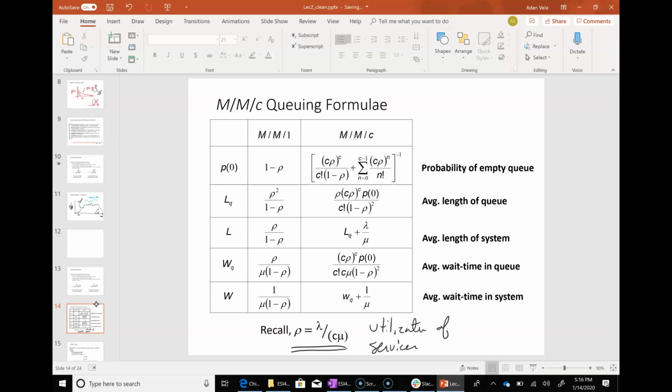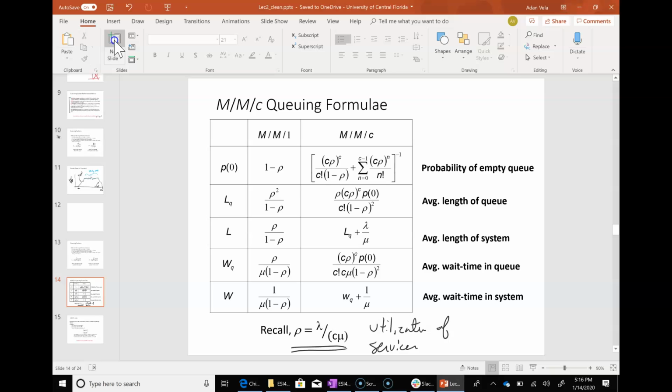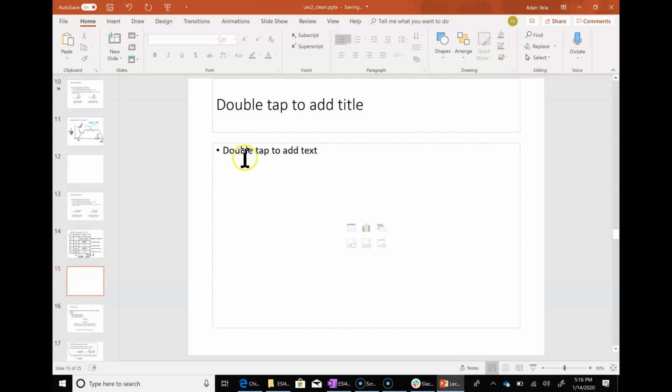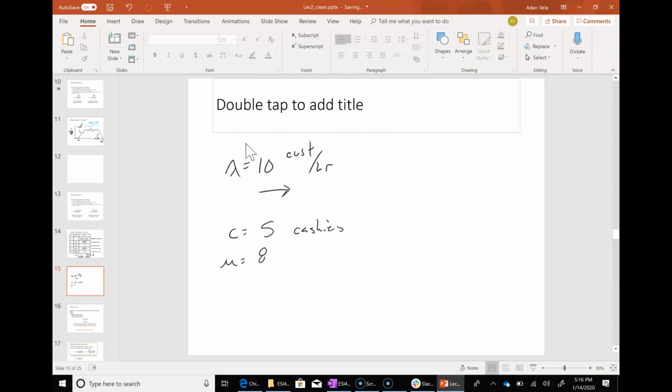So, a little toy example. Let's say customers come in at a rate of lambda equals 10 customers per hour. I have 5 cashiers, and they can each process, we'll say, 8 customers per hour.